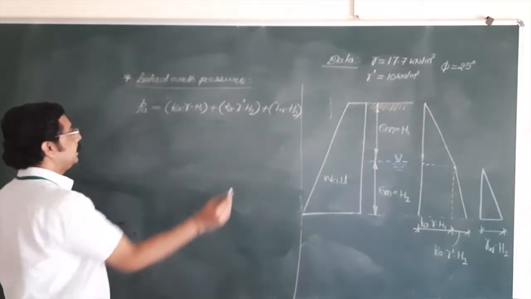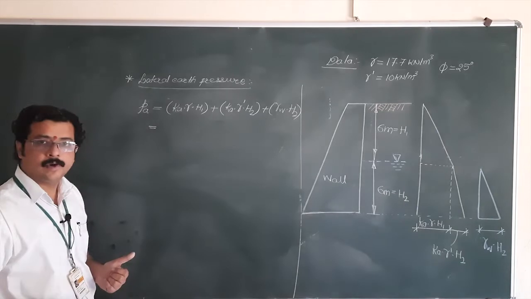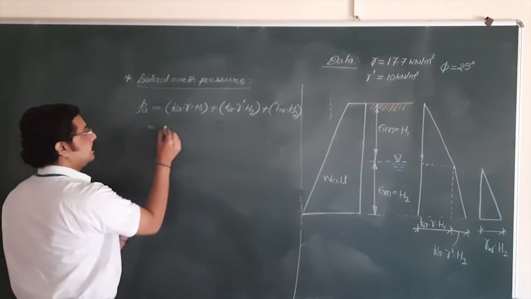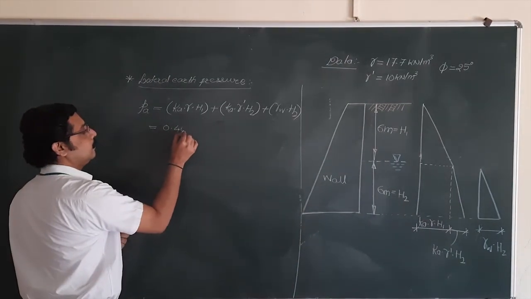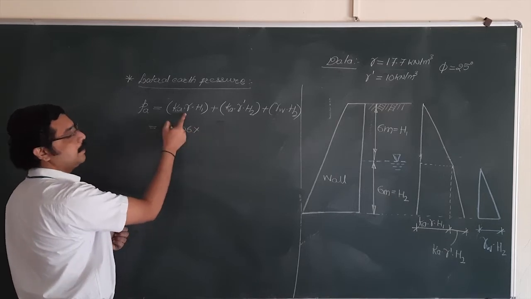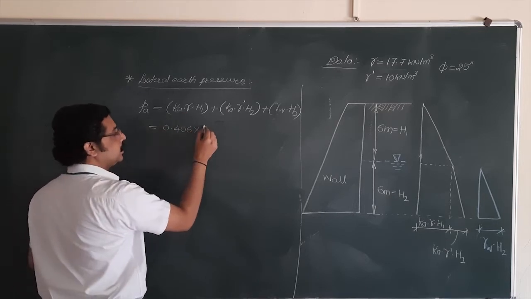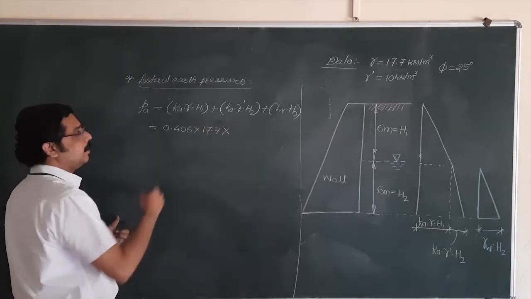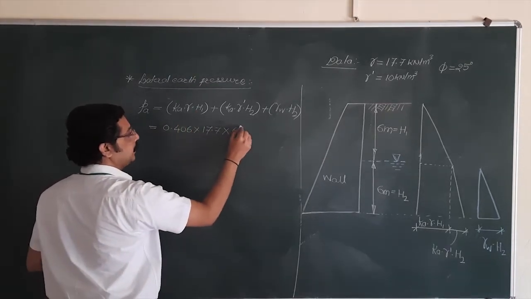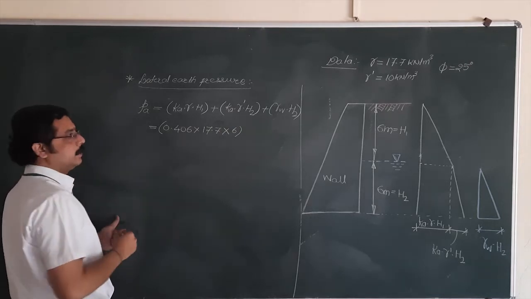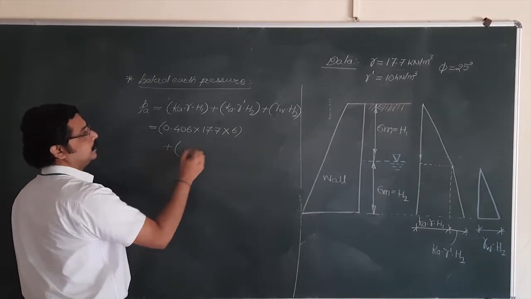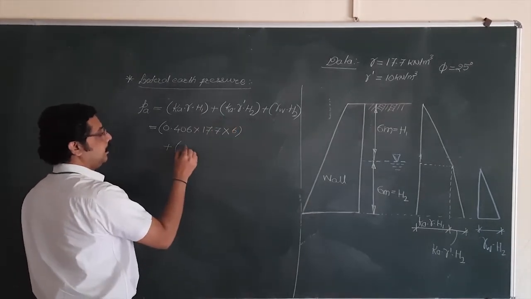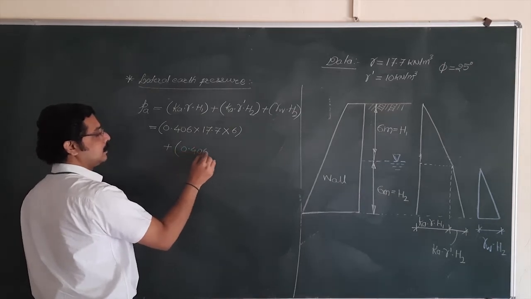Substitute the appropriate values. Ka we have found out 0.406, hence 0.406 multiplied by unit weight in natural condition 17.7 multiplied by H1 top 6 meter, okay, plus second term Ka again 0.406.